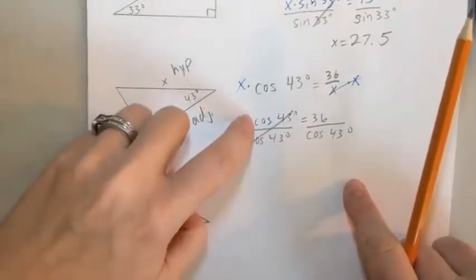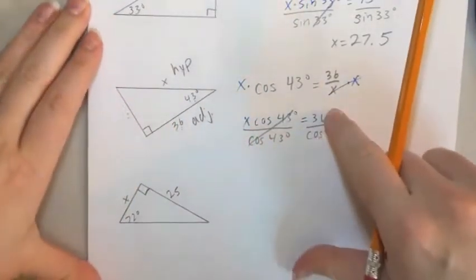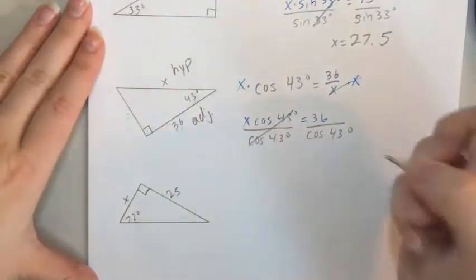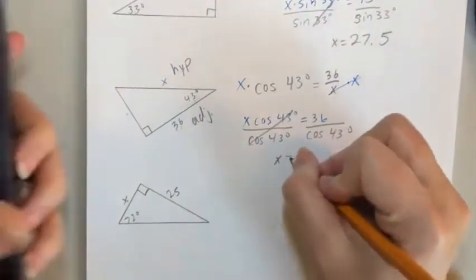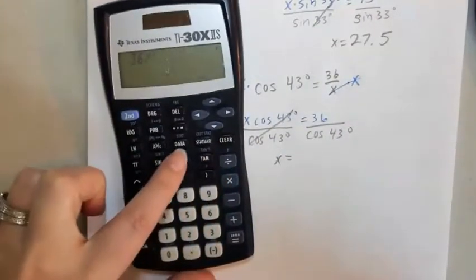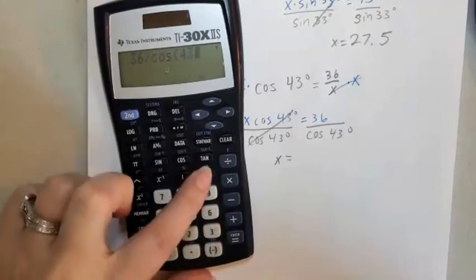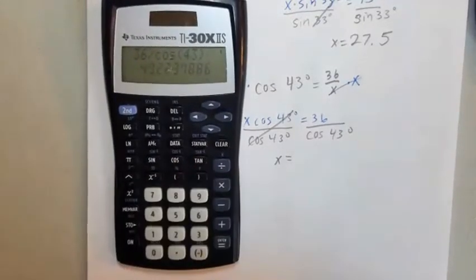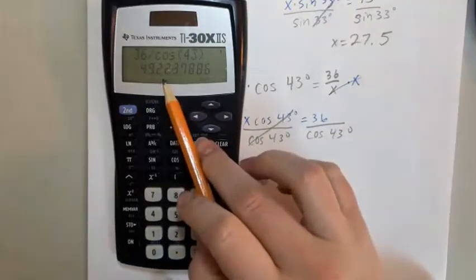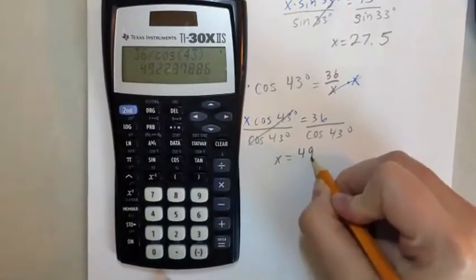X should end up over here by itself. 36 is still on top, and then we just divide by cosine of 43. All right, so then I type that into my calculator to figure out what X equals. 36 divided by cosine of 43. And what do I get there? I get 49.22, and that 2 doesn't bump that up, so I'm going to keep it at that.